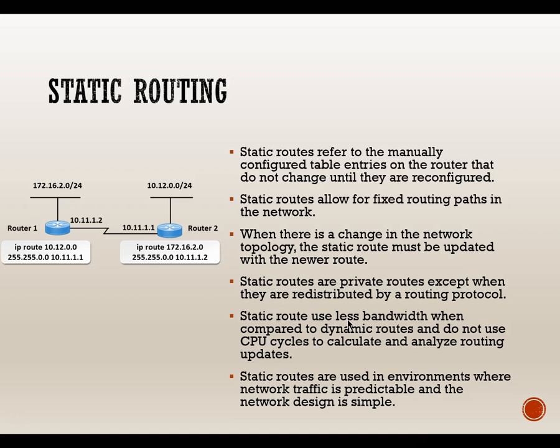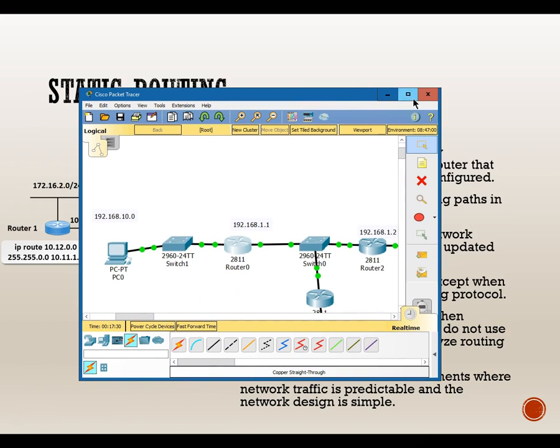They use less bandwidth. They use no bandwidth because we're not sending any information out, and RIP, if you recall, was doing that every 30 seconds. So it takes fewer CPU cycles, and static routes are used in environments where the network traffic is predictable, the network design is simple, and it's a small network.